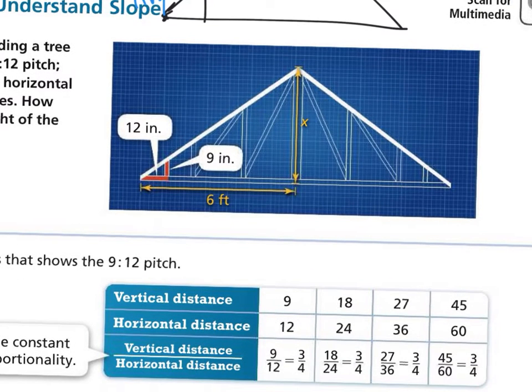If you'll notice on the picture also, we've got a 6-foot span going from the end to the middle. Since everything else is in inches, it might be good to get that in inches as well. So 6 feet, if we multiply that by 12, that would be 72 inches. So this is 72 inches here.